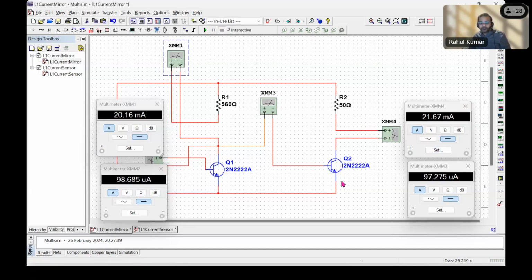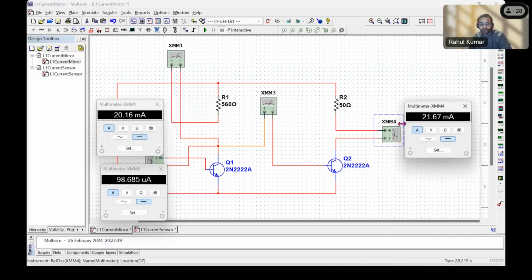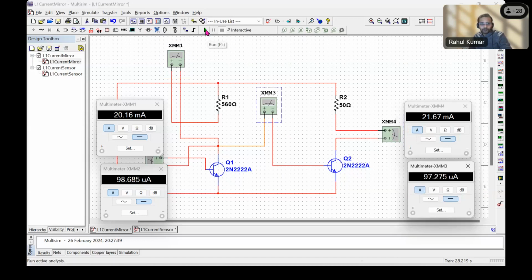Ideally, both Q1 and Q2 should have the same current gain. Let me just double check. Yeah. So 204 for Q1 is the current gain, and 227, I think I calculated, is the current gain for Q2.